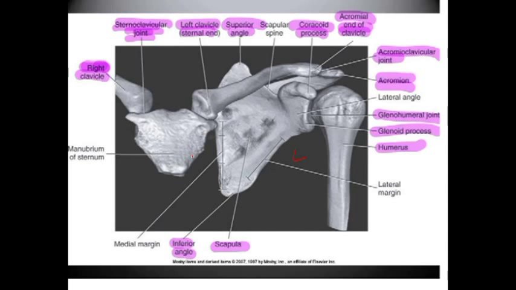Here we have the lateral margin, the medial margin, the inferior angle, the superior angle, scapular notch, glenoid process, glenoid fossa, glenohumeral joint, coracoid process of the scapula, and additionally the acromion.